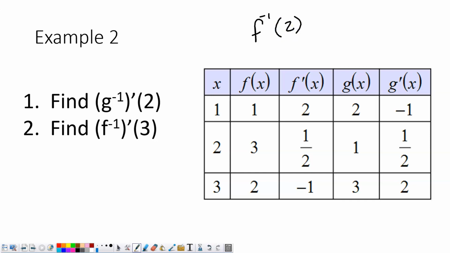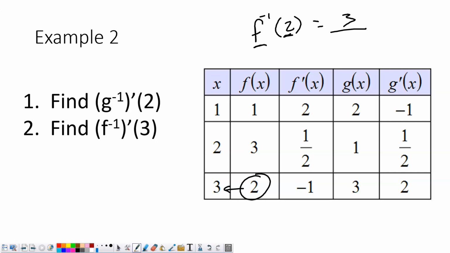What's f inverse of 2? So what you're going to do then is you're going to look for 2, but you're not going to look for 2 in the x column like we used to. You're going to look for 2 in the f column, and the answer will be the x value that comes out of it. Okay? So that's how you can evaluate those.